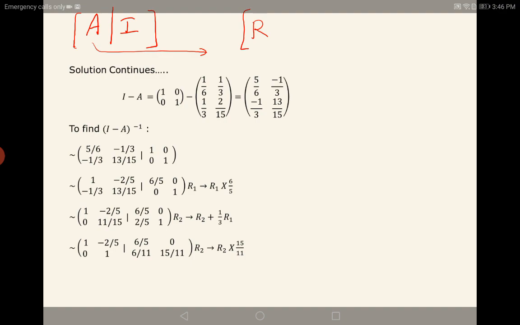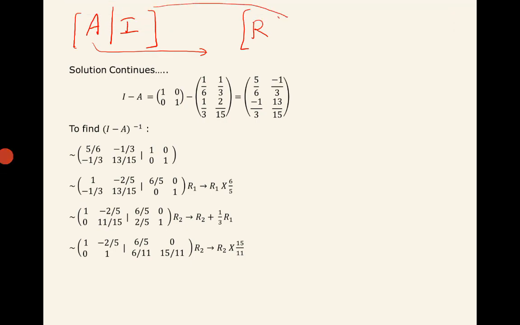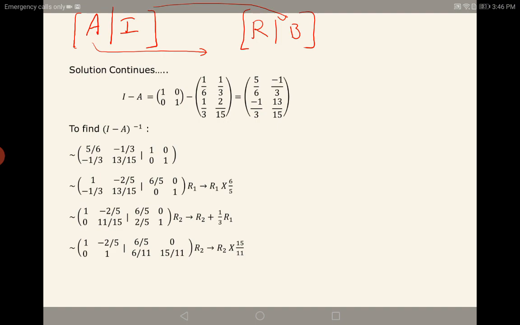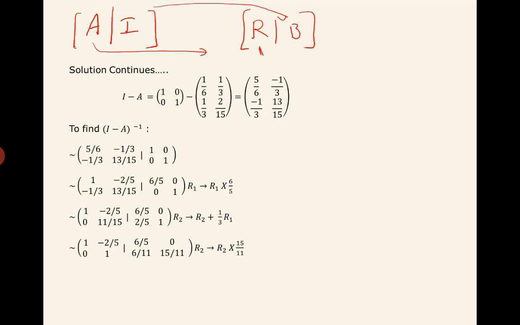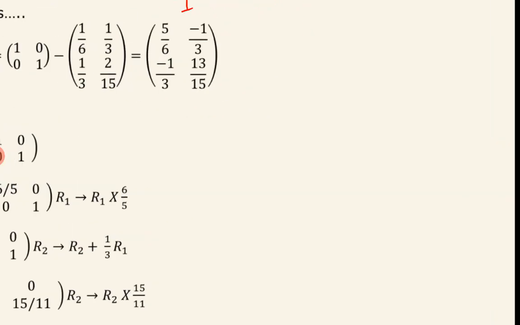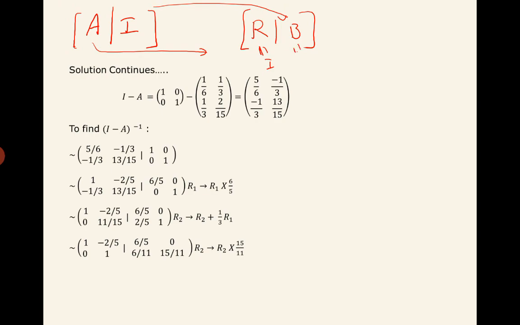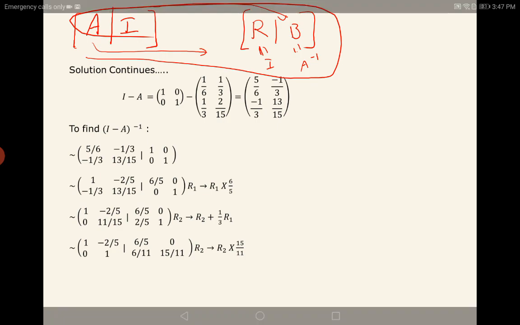By using the same operations, I will change to a different matrix B. If R is equal to I, if R looks like an identity matrix, then B is our A inverse. This is the logic.